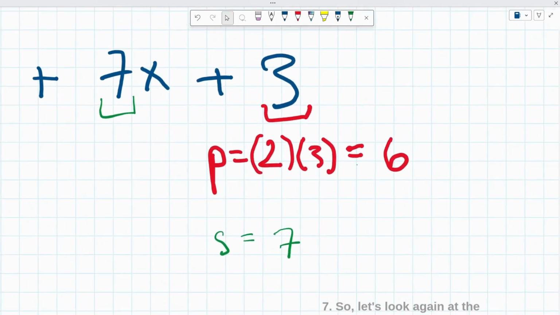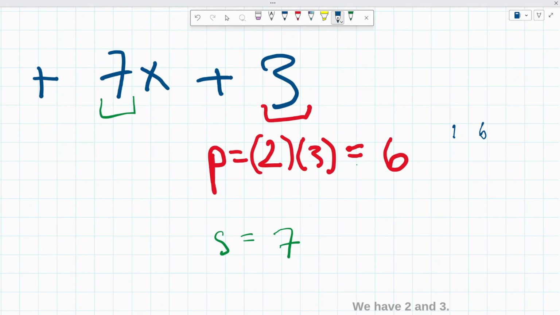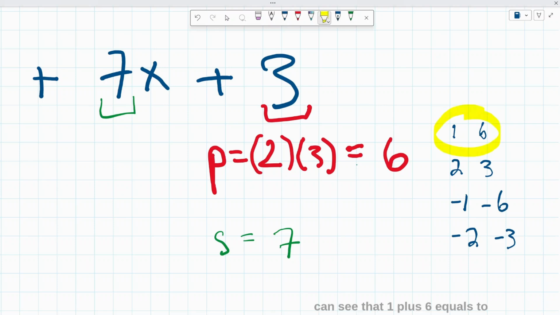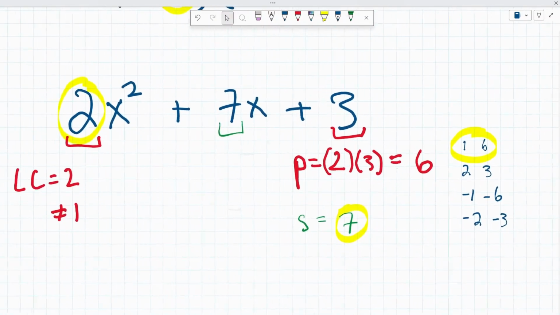So let's look again at the factors of 6. We have 1 and 6, we have 2 and 3, we have -1 and -6, and -2 and -3. So right away, we can see that 1 plus 6 equals 7. So we already found our two numbers that we can use.